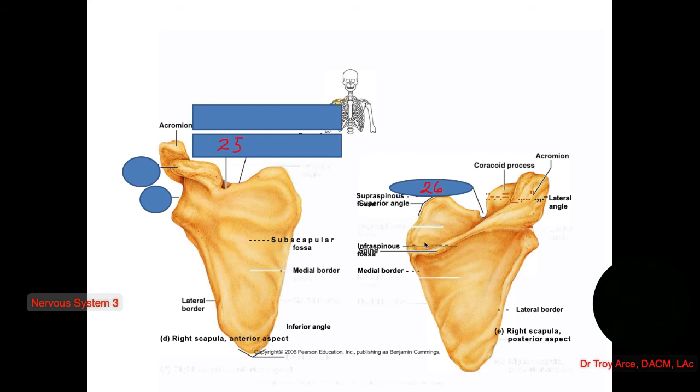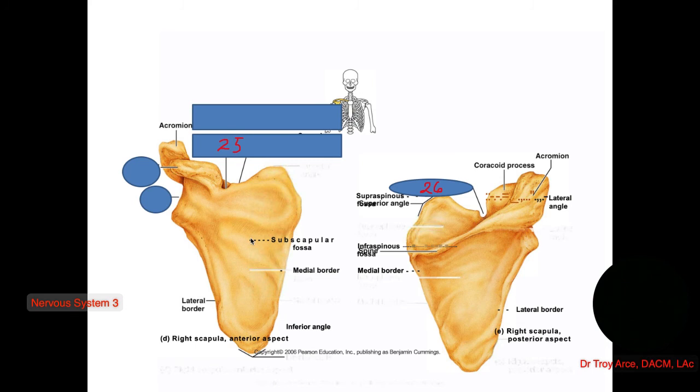And on this side, you're going to have three different borders, right? You're going to have the lateral border right here, and the medial border, which we talked about, right? And this is going to be the anterior aspect. So this is the anterior side.